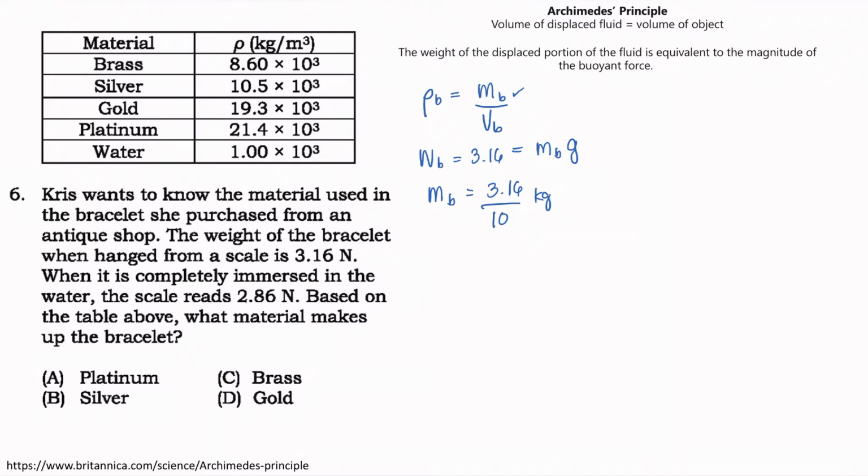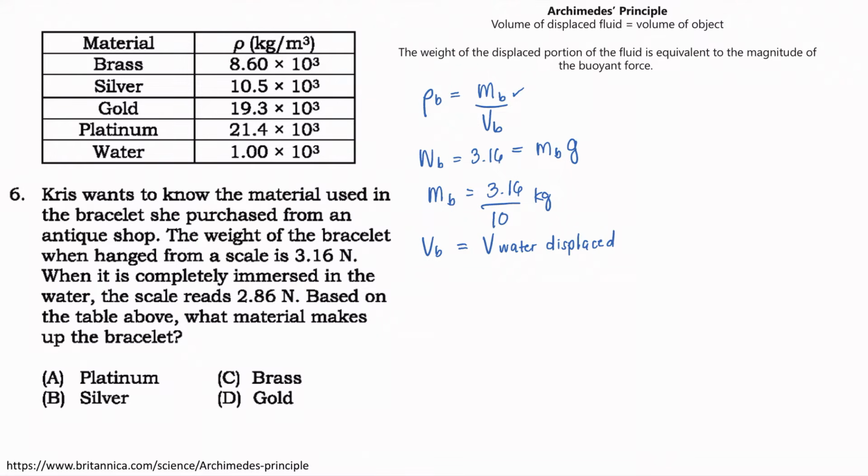So, yung volume naman ng bracelet, para makuha natin siya, gagamitin natin yung Archimedes principle. Sabi, volume of the displaced fluid is equal to volume of the object. So, yung volume ng bracelet, equal siya sa volume ng water na madi-displace.